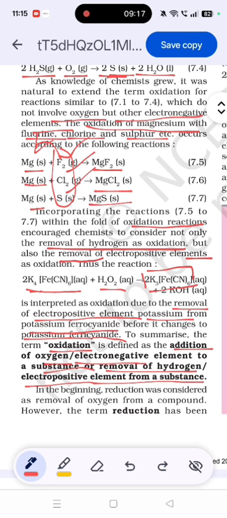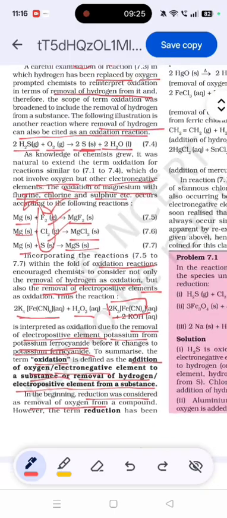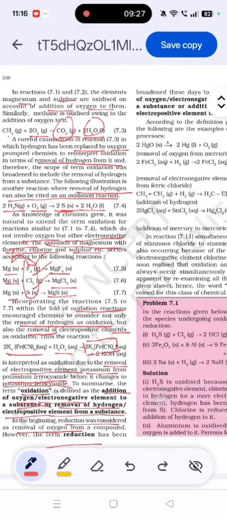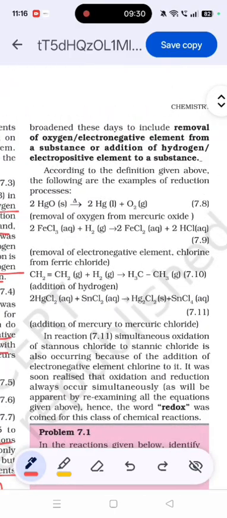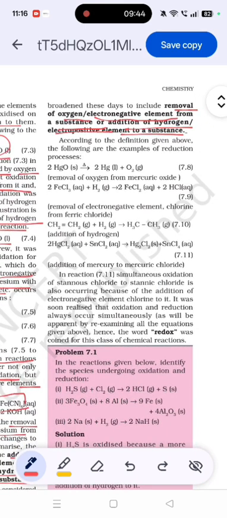Is that clear? Next one is reduction. We know that reduction is considered as removal of oxygen from a compound. The term reduction has been broadened these days as it is the opposite of oxidation. So, removal of oxygen or electronegative element from a substance, or addition of hydrogen or electropositive element to a substance.